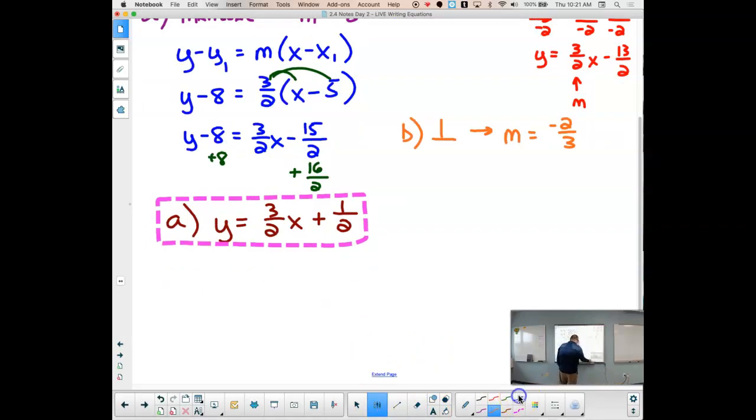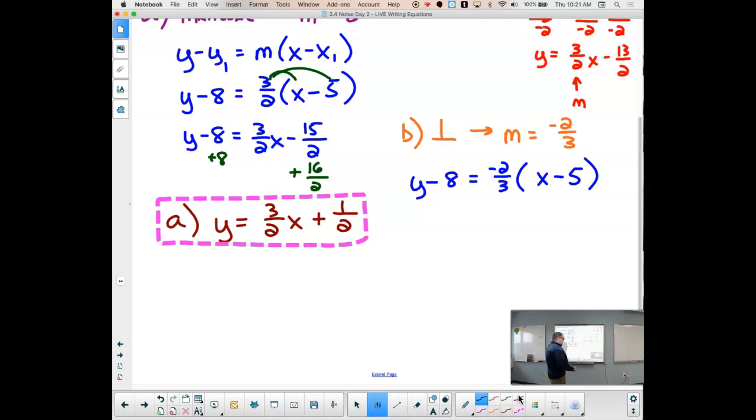So that's going to be y minus 8, which is still going to stay the same. Instead of 3 halves, now it's going to be negative 2/3, and it's going to be x minus 5. Okay.